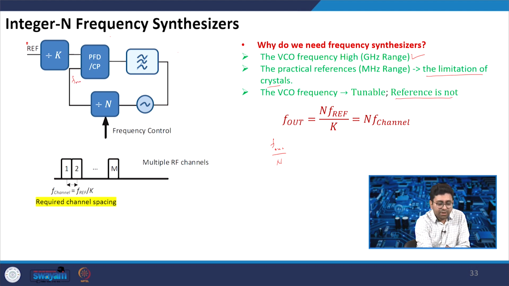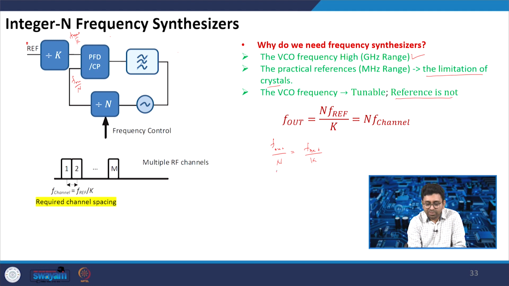So, this is f out by n, and this is f reference. Let us say f out by n and f reference might not be equal. So, we can put another divider circuit here, a divide by k, and divide f reference by k. So, our f out by n should be equal to f ref by k. Both the frequencies should remain the same.